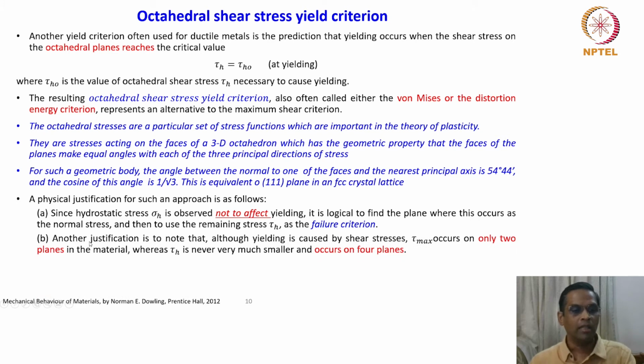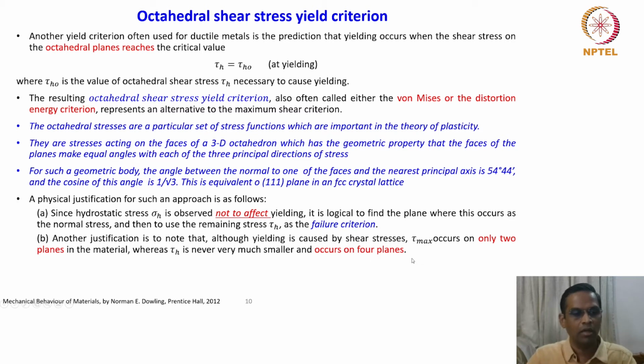So another justification is to note that although yielding is caused by the shear stresses, tau max occurs on only two planes in the material, whereas tau h is never very much smaller and occurs on 4 planes. Very important.